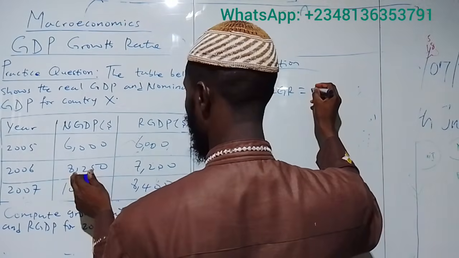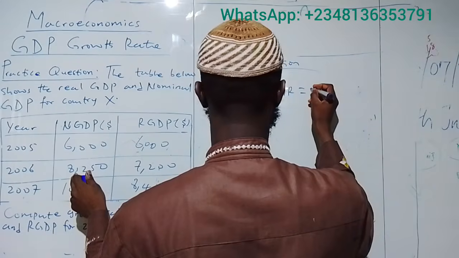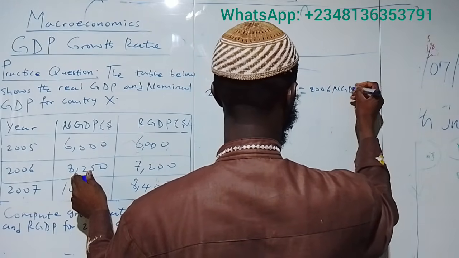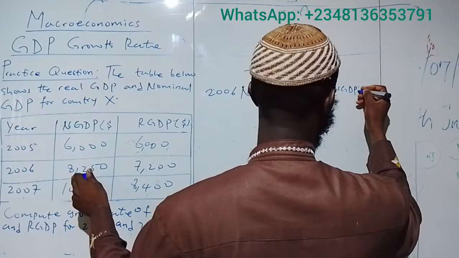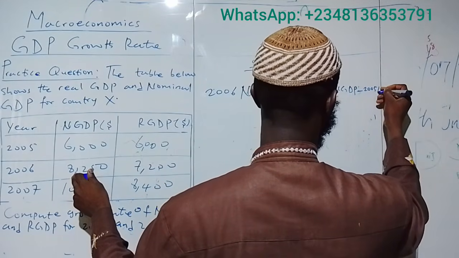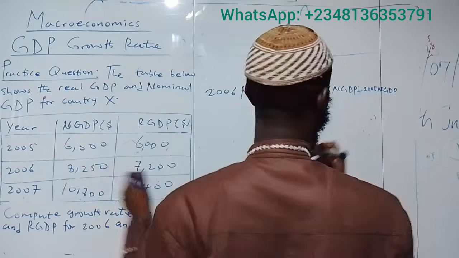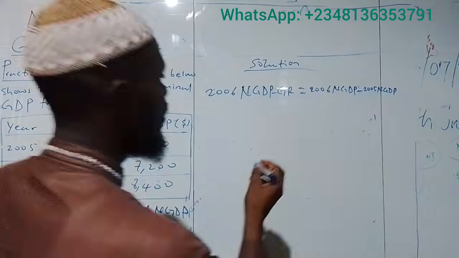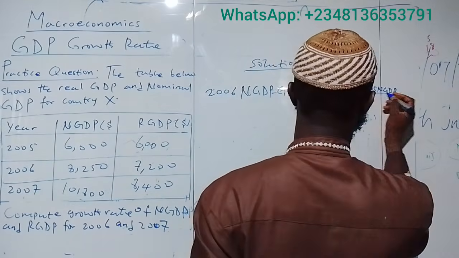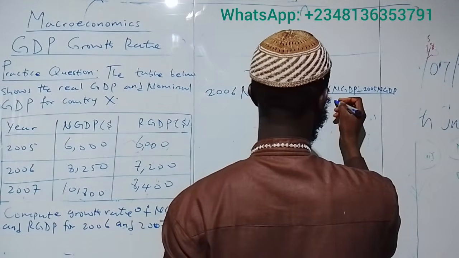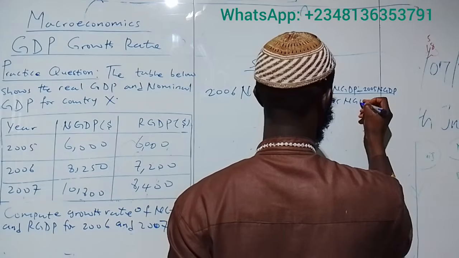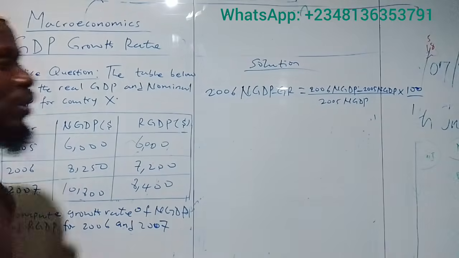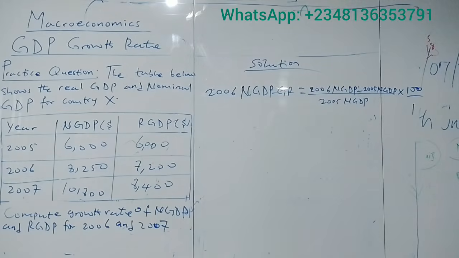So we have 2006 nominal GDP minus 2005 nominal GDP, divided by the previous, 2005 nominal GDP, then multiply by 100.